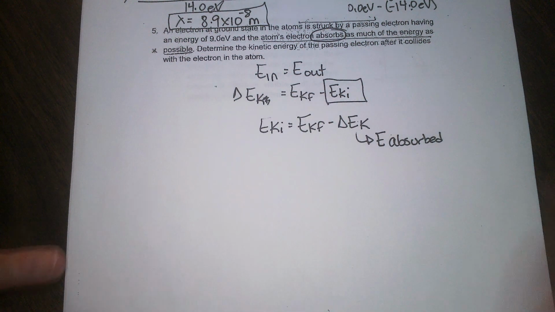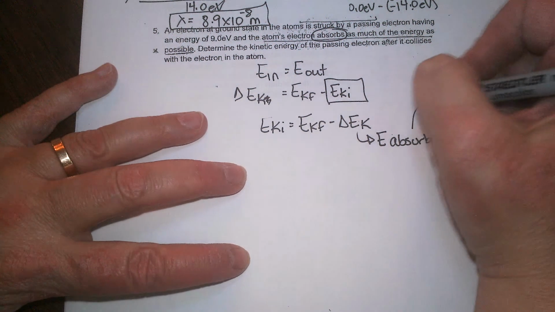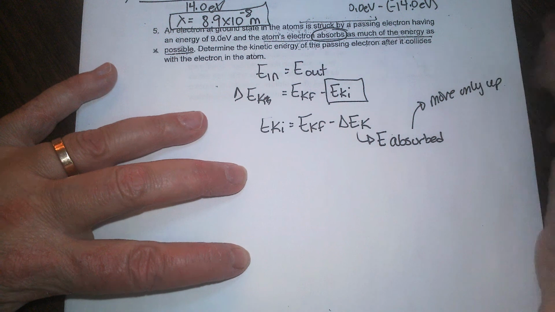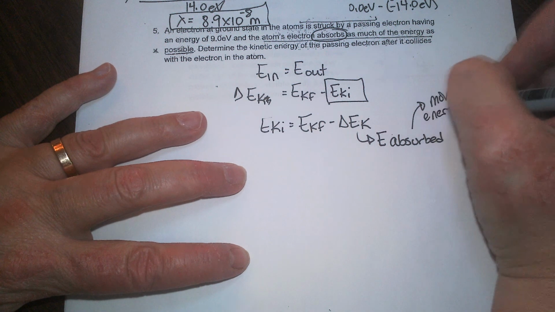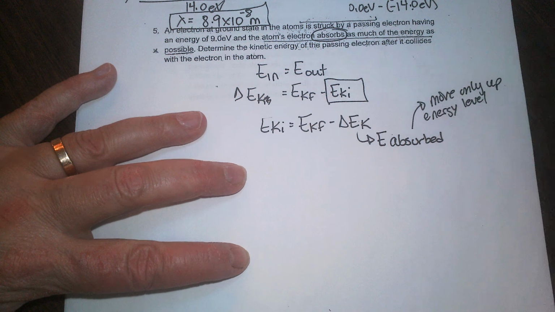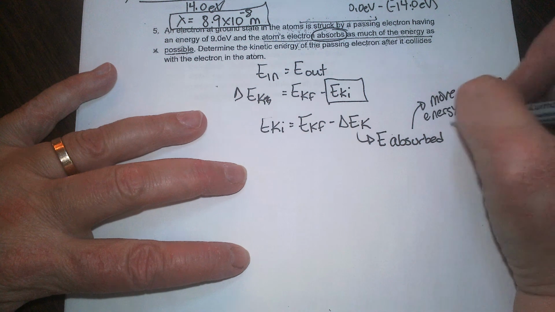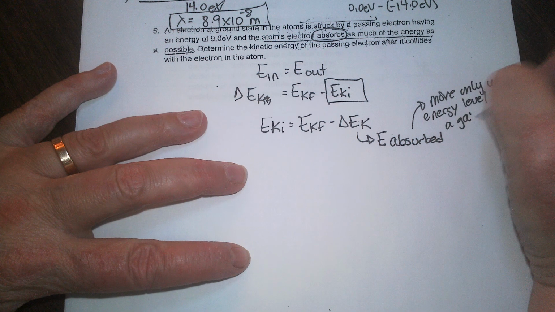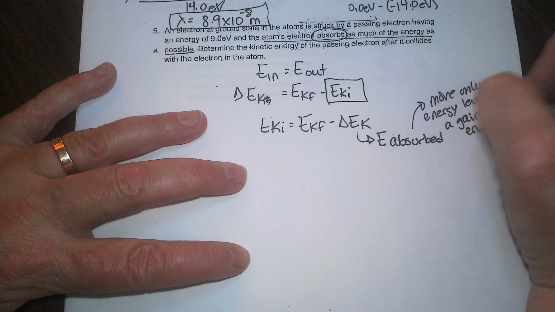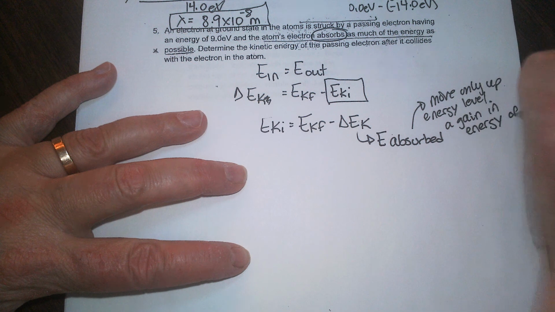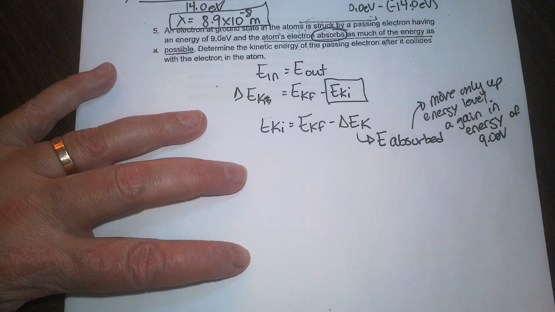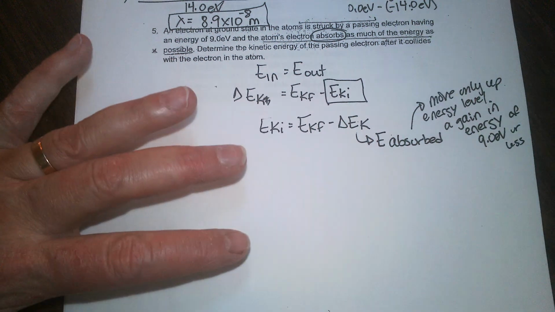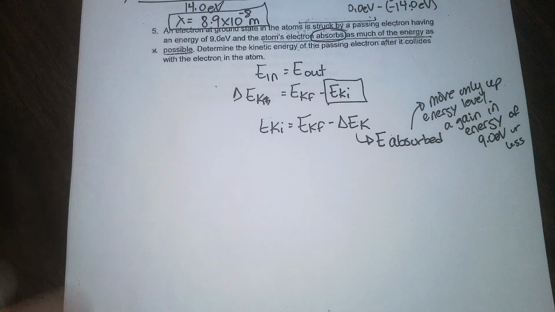Okay? When the energy is absorbed, we know that it can move only up an energy level. And it has to have a gain in energy of 9.0 electron volts or less, because anything more than that would push it into emitting.